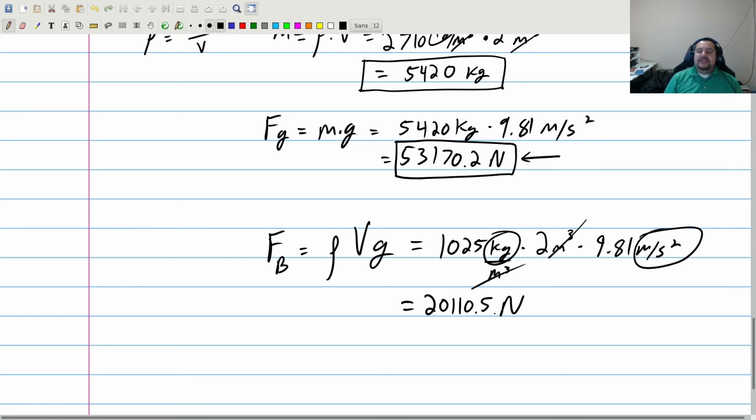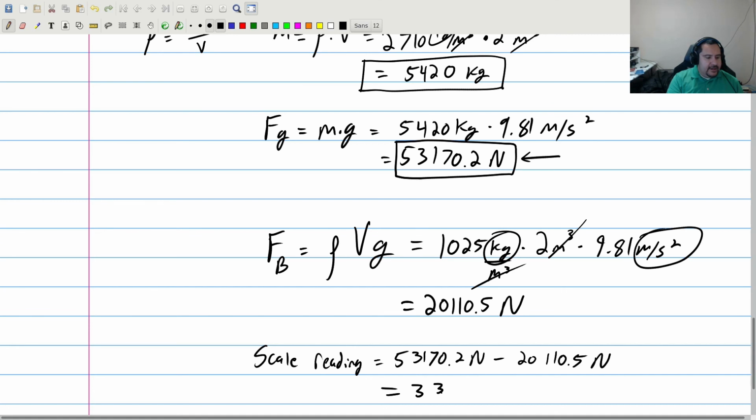When this happens, it's going to act as if it's trying to cancel some of the force of gravity. So because of that, the reading on the scale will be 53,170.2 newtons minus 20,110.5 newtons, which is equal to 33,059.7 newtons.